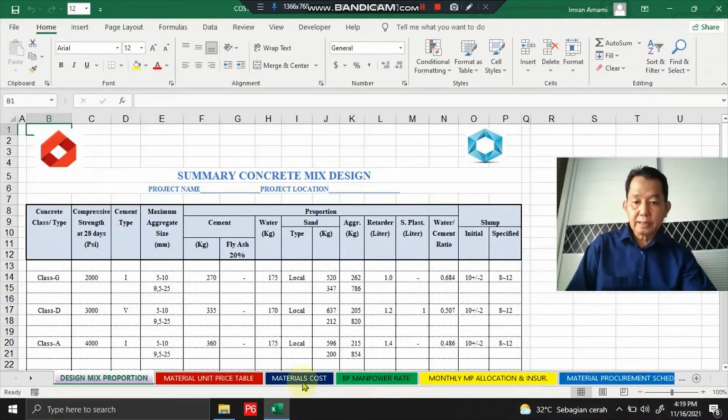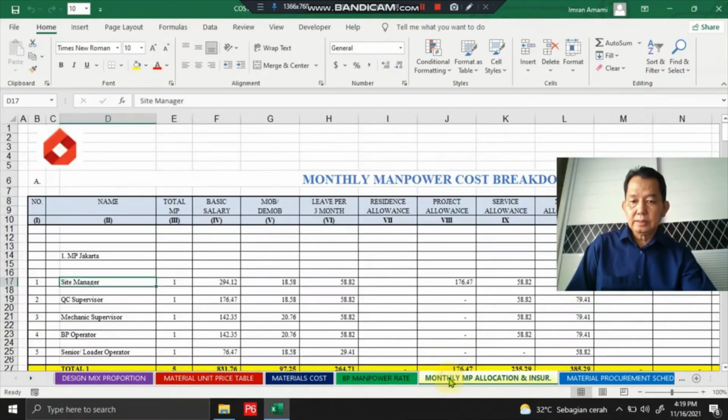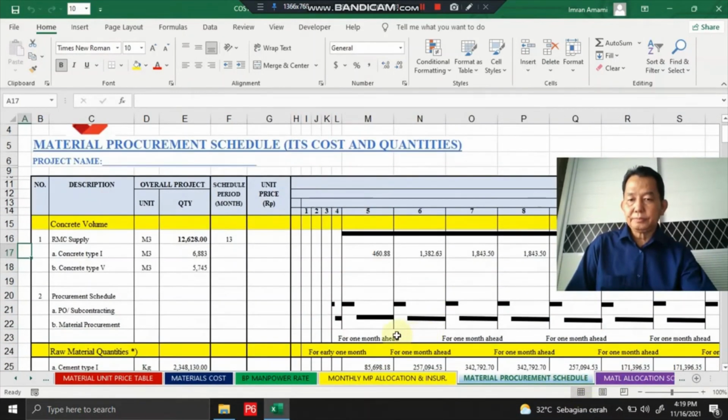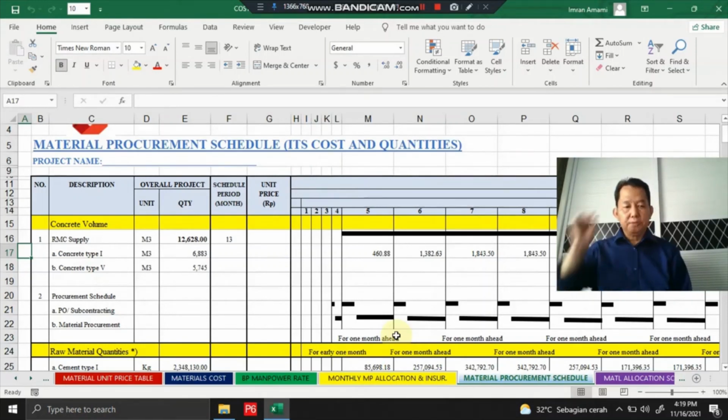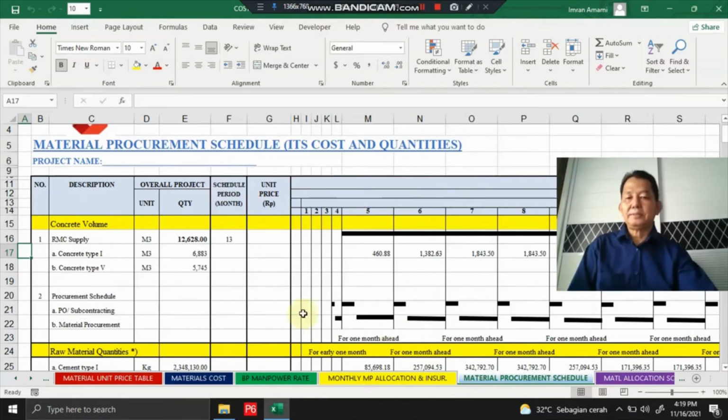First, the concrete volume for these projects covers 12,628 cubic meters, by composition concrete type 1 6,883, concrete type 5 5,745, and the scheduled period or contract period is 13 months.